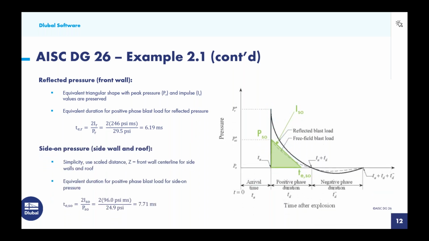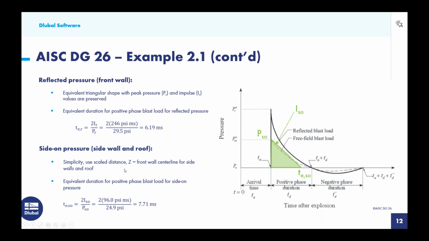So moving on to the sidewalls and the roof, what we'll be applying here is the side-on pressure. So this is going to be, remember, that smaller triangle here within our idealized curve. And for simplicity, as well as the conservative approach, we're going to use the same scaled distance Z that we used for the front wall center line, also for the side walls and roof.